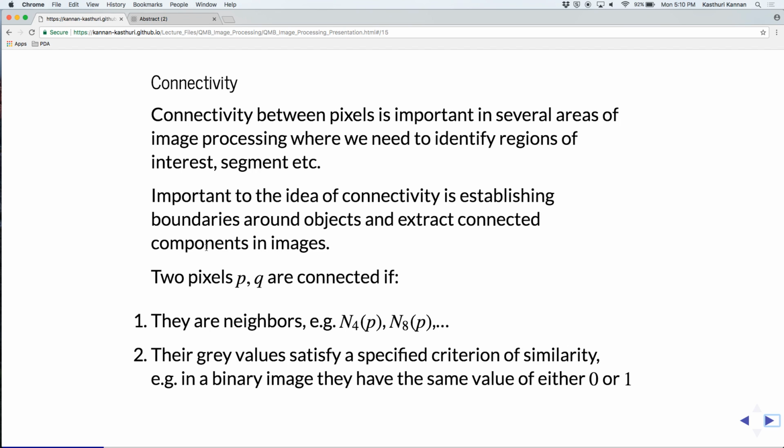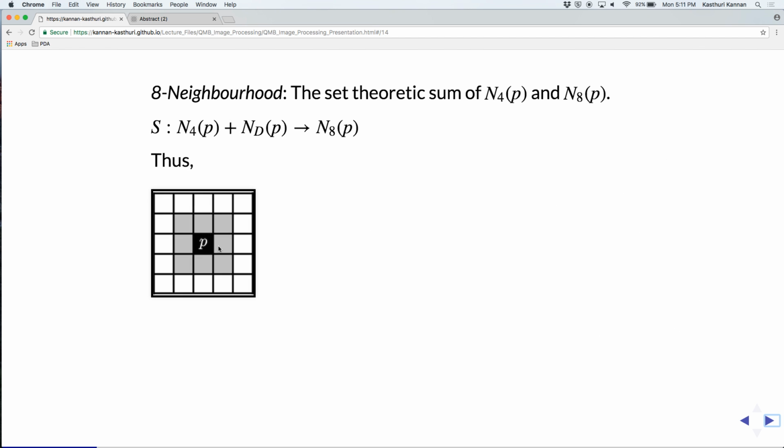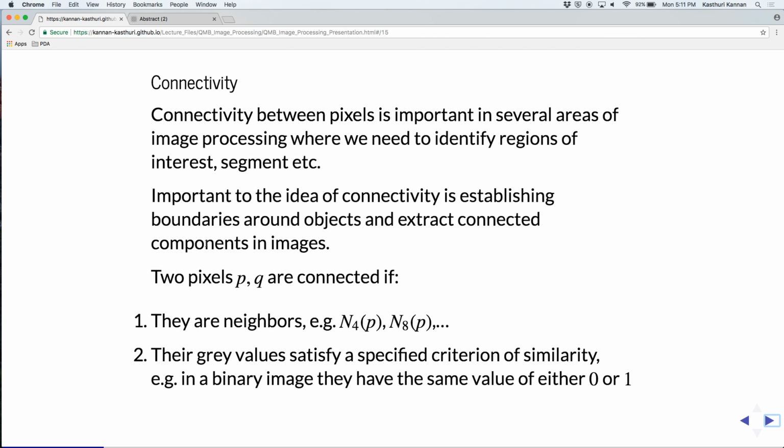So we can define, let's say, two pixels p and q are connected if they are in the 4-neighborhood. Let's say that 2 pixels are connected not in 8 but in 4, okay, and the gray values satisfy certain criteria of similarity. Let's say that the gray values are the same, okay. Will this distinguish foreground from the background?